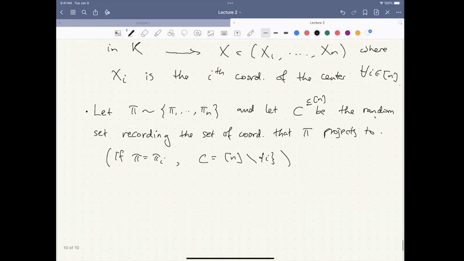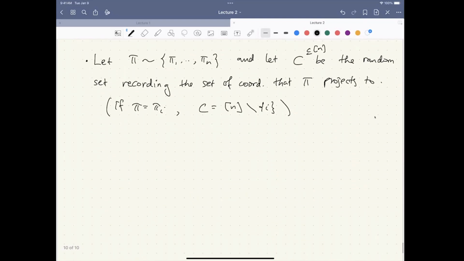In this notation, for a vector, let's say z equal to z1 through zn, a point, we're going to write pi z.